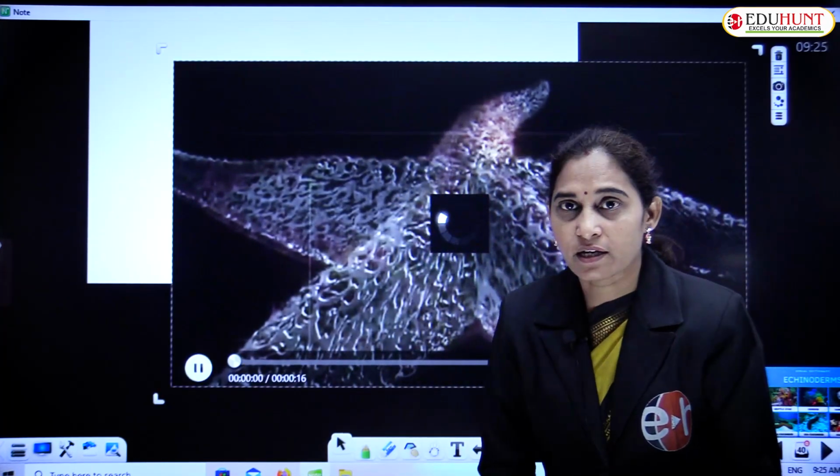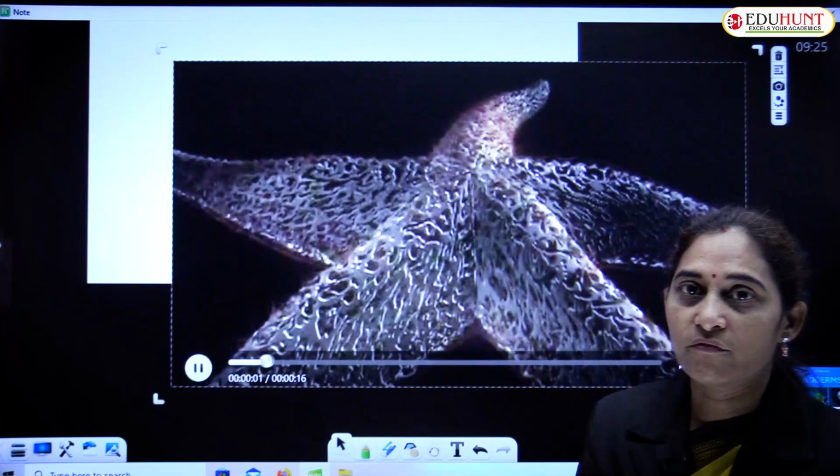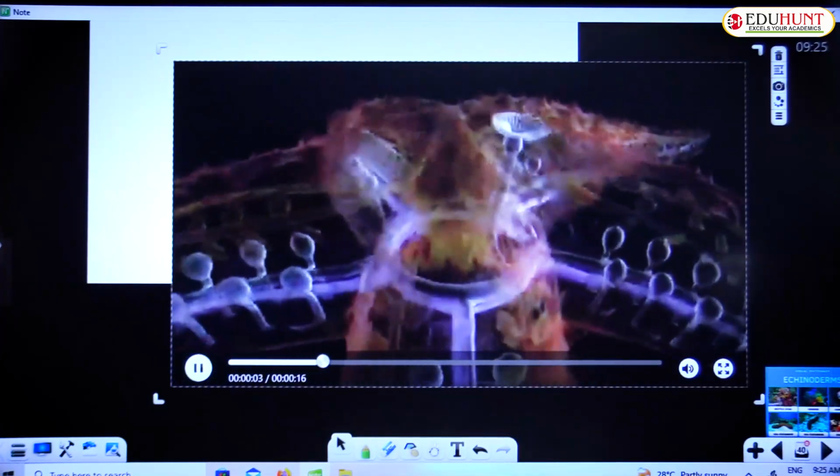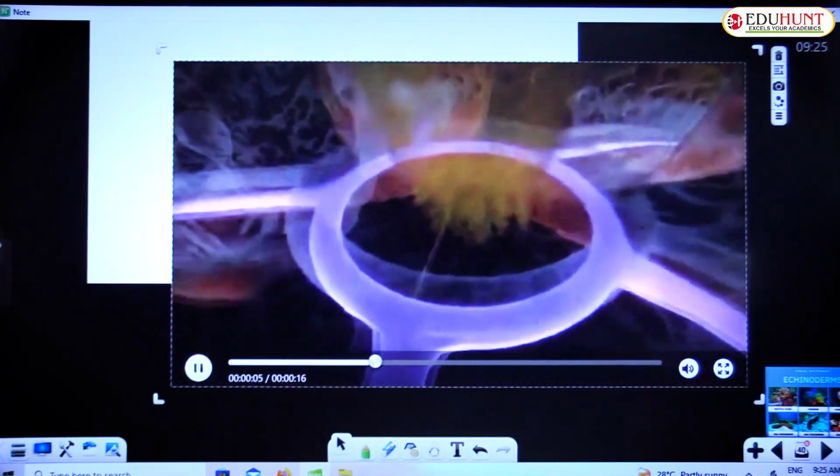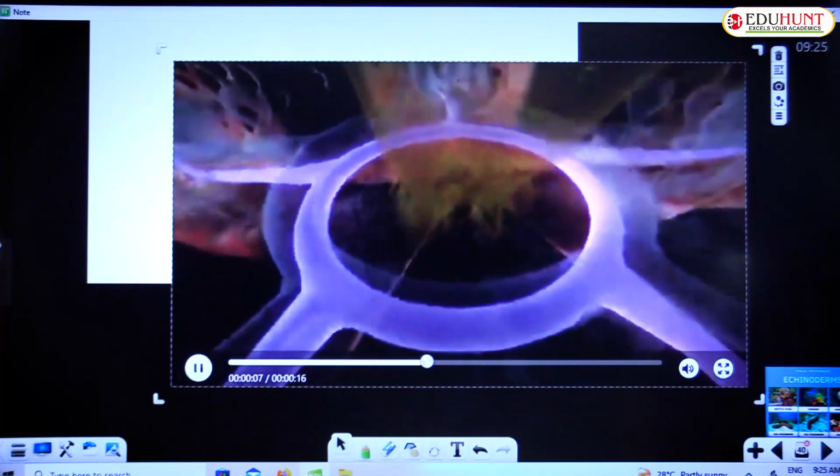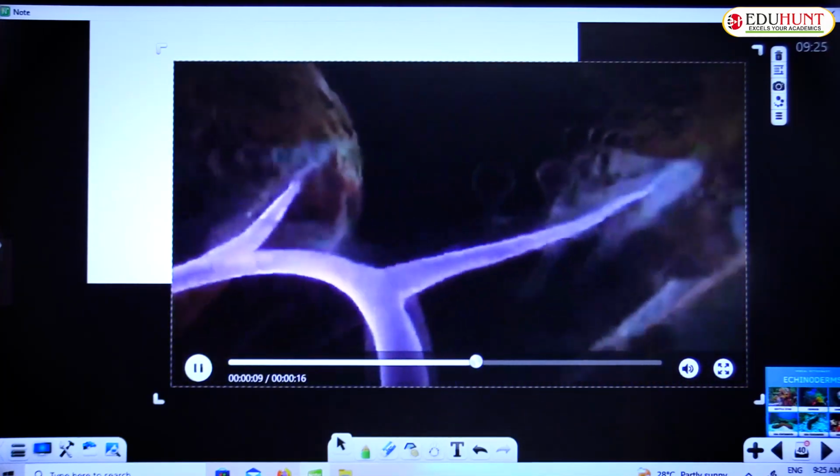Watch this Echinodermata video. Instead of a brain, echinoderms have a nerve ring, a living relay station. It acts to coordinate the movements of their arms.